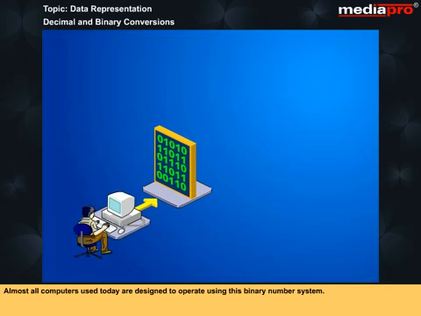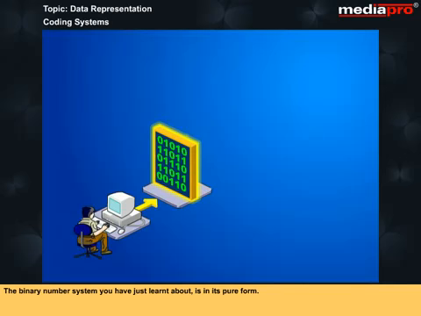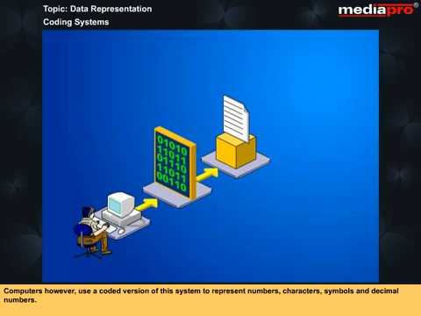Almost all computers used today are designed to operate using this binary number system. The binary number system you've just learnt about is in its pure form. Computers, however, use a coded version of this system to represent numbers, characters, symbols, and decimal numbers.